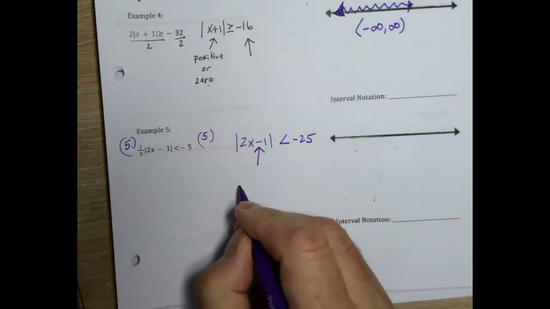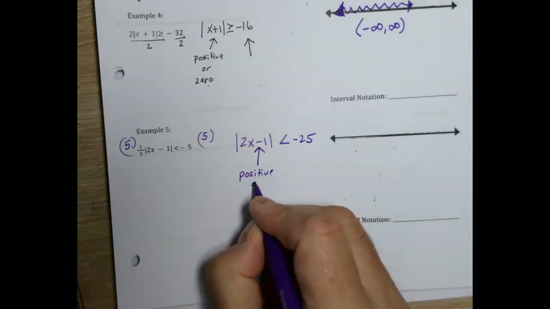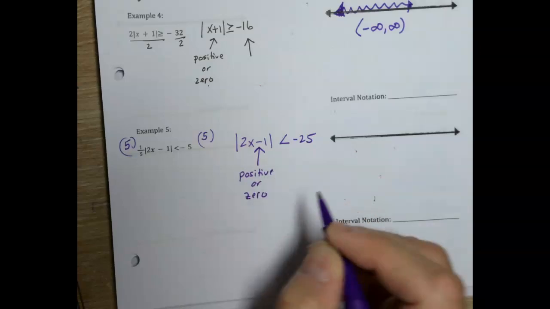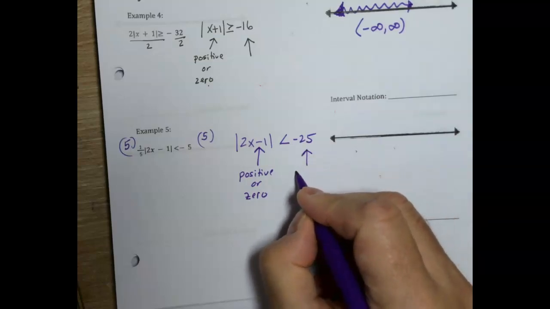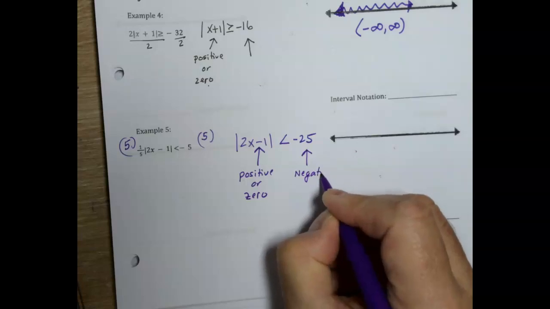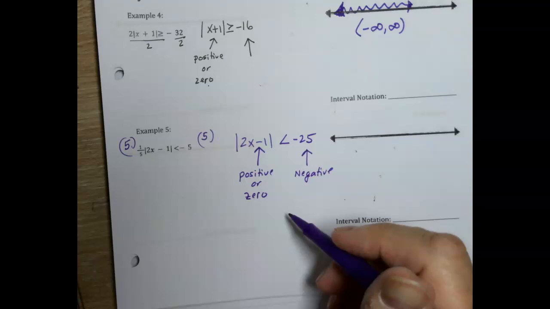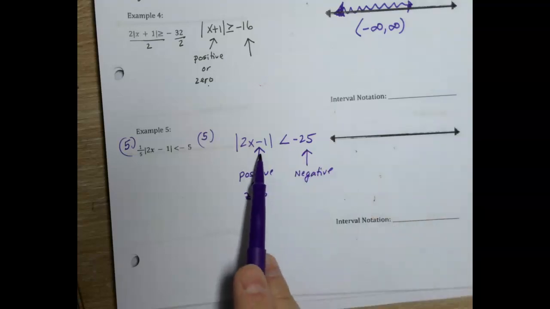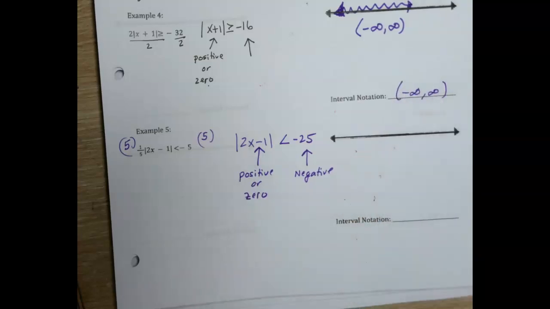Absolute value is either going to be positive or it can be 0. It's never going to equal it. And this one here, of course, is negative. Okay? This one here is no solution because absolute value can never be negative. So this one here is just no solution.